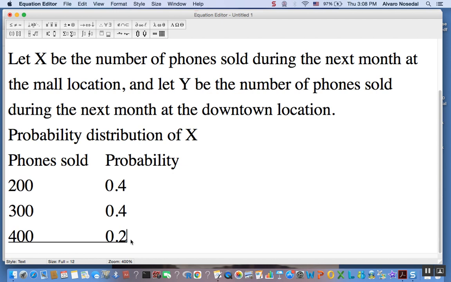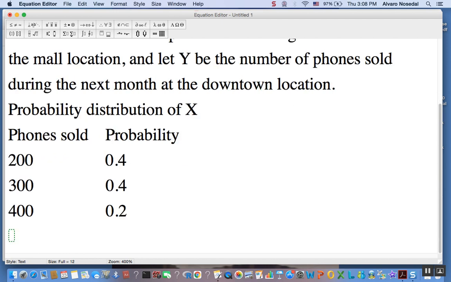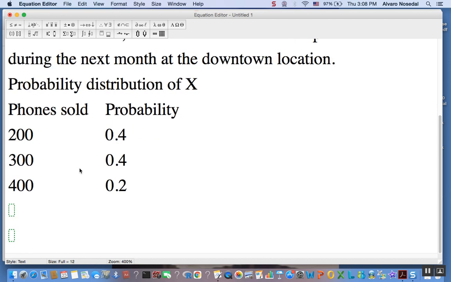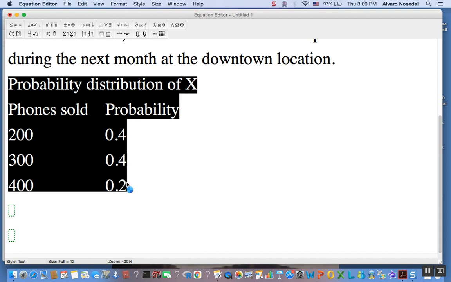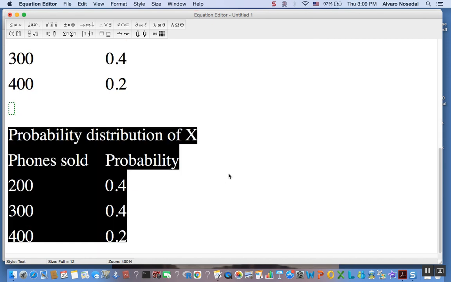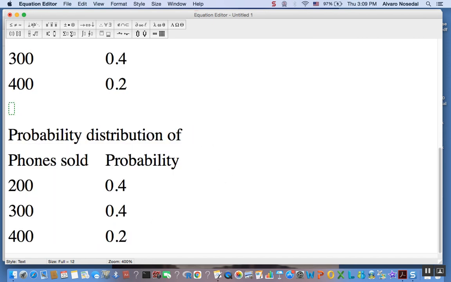Now we are going to have something similar for y. Probability distribution of y, the other location. For that one, we have 100 as a possible outcome, and the probability of that result is 0.3.